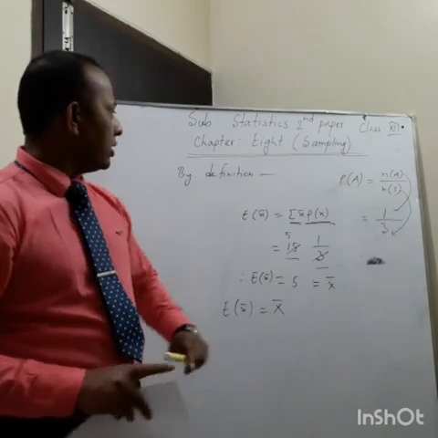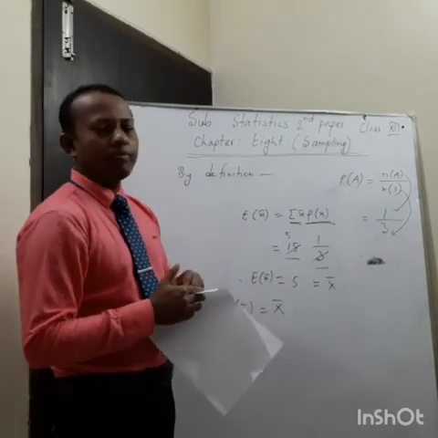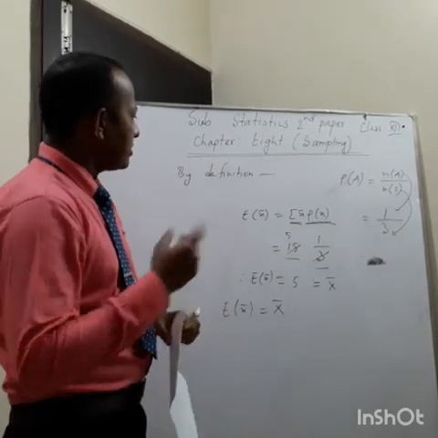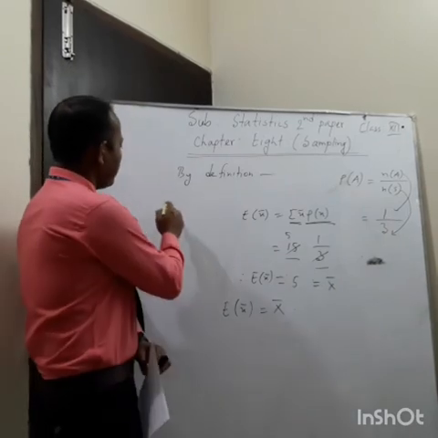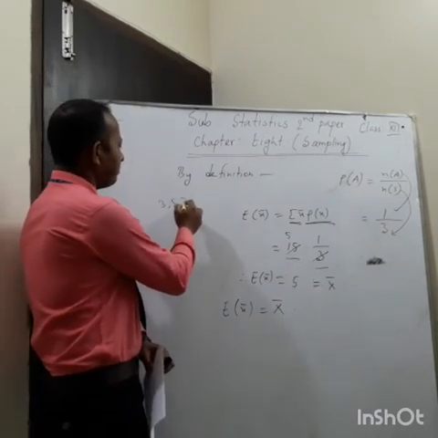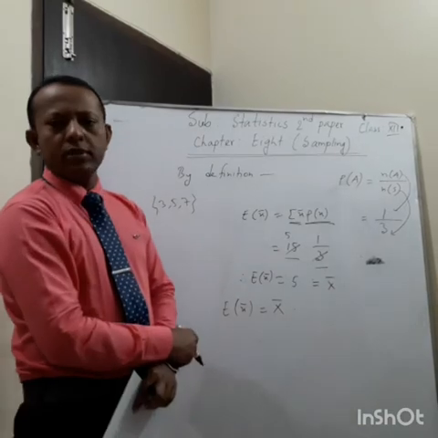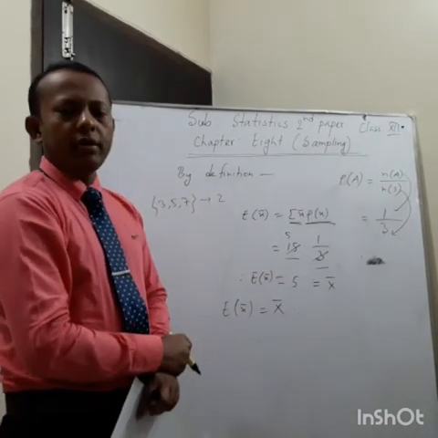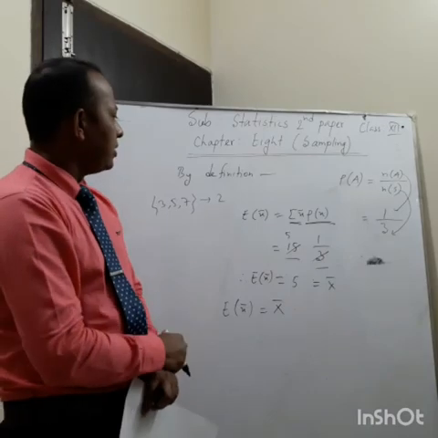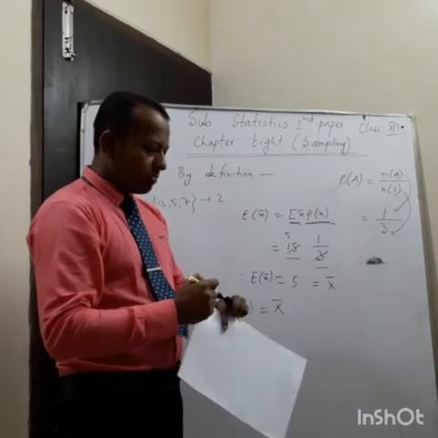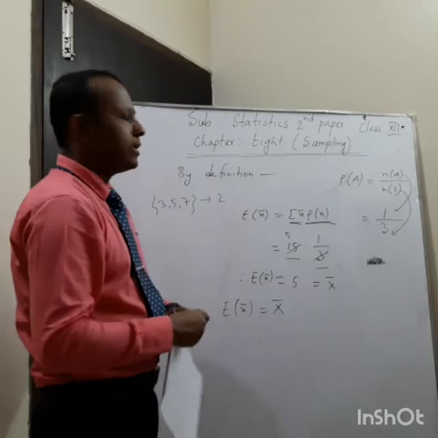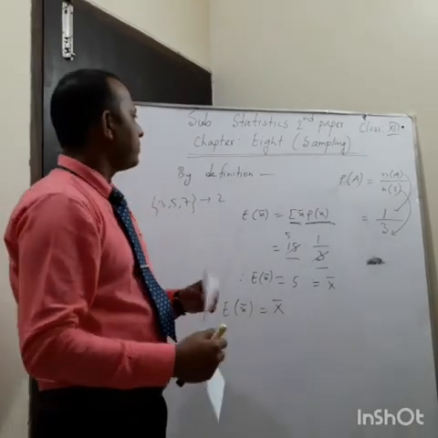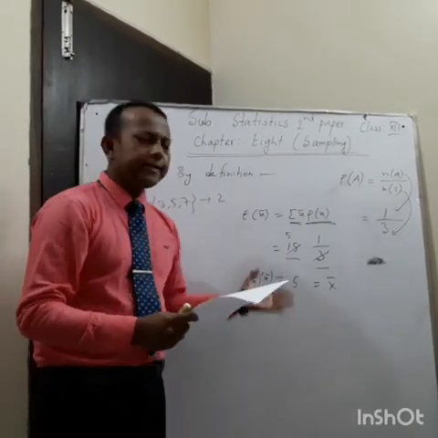So finally, it is justified that from a population 3, 5, 7, if we collect a sample of size 2, then the sample mean is an unbiased estimator of population mean. Hence, it is proved. So, this is all about the system.